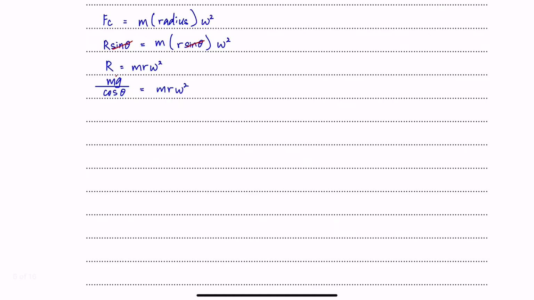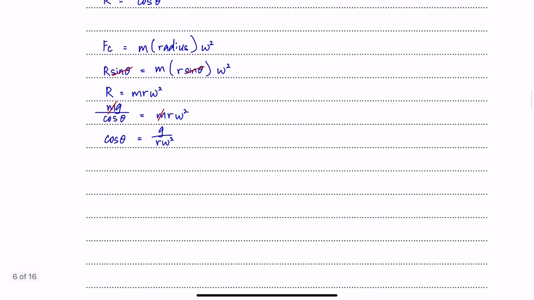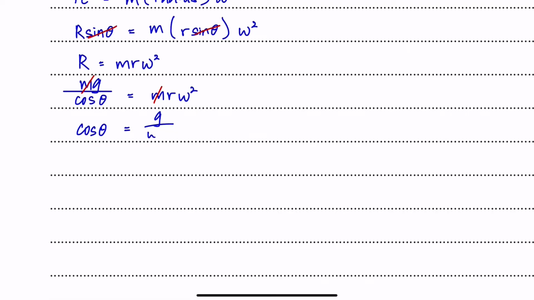So we cancel out the m's and make cos theta the subject. So cos theta is equal to g over r omega squared. Oh, the question wants omega squared r, so sure, let's put it that way. And we are done.